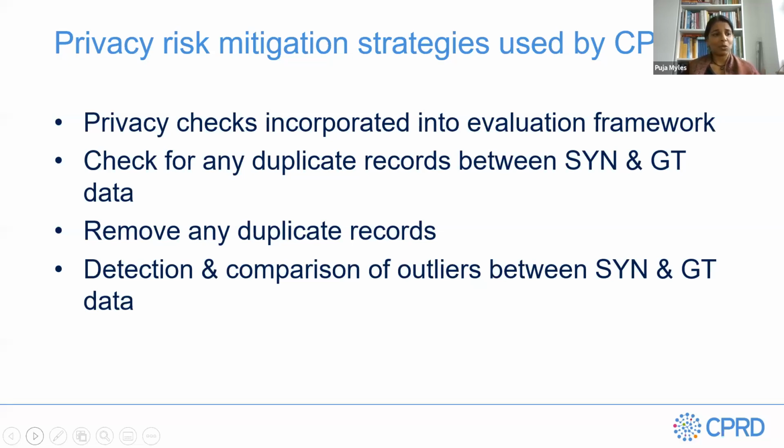There will be people who have heart disease and who don't have heart disease, but this is the exact duplication of the record. Right now we're being very risk averse and we're removing any duplicate records. We have also been undertaking detection and comparison of outliers between synthetic and ground truth data. Next slide, please.